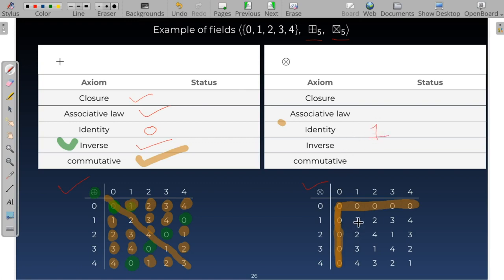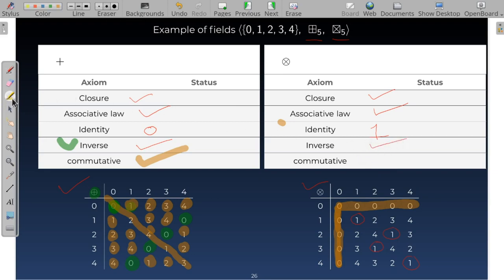So we have 1 in each and every row and every column. All these elements are different and all of them are from 1, 2, 3, 4 only. So that's why you have closure as well, you have associativity, you also have inverse because 1 exists in each and every column and each and every row. So you have inverse there, and it's going to be commutative.